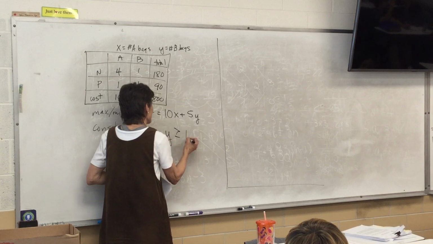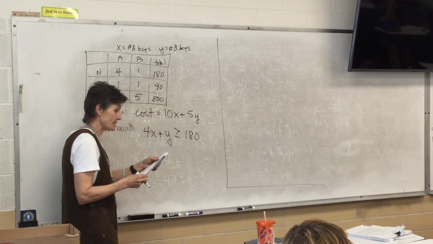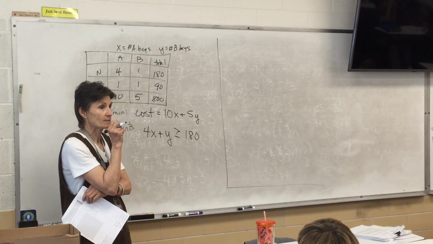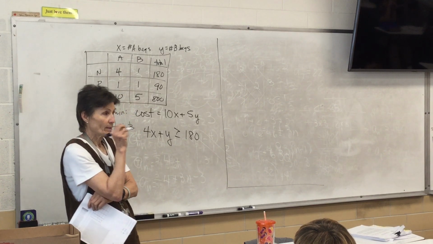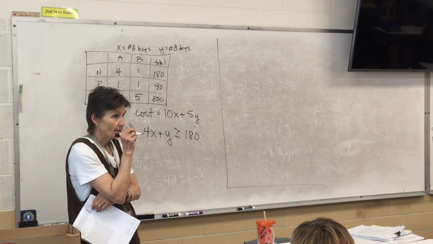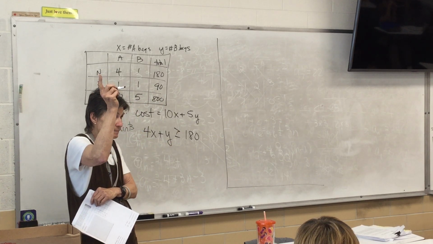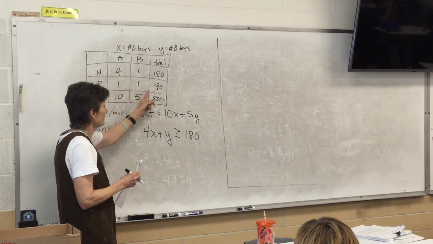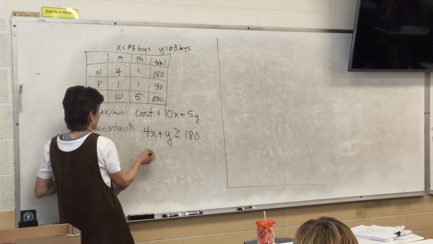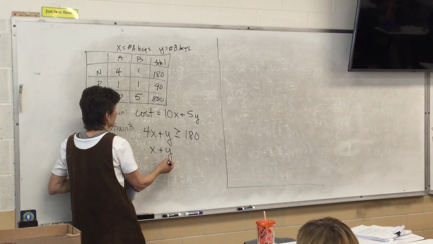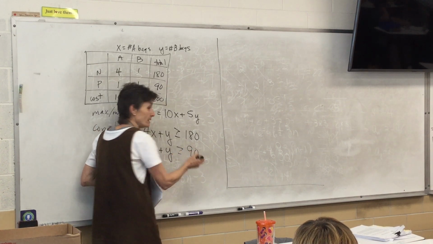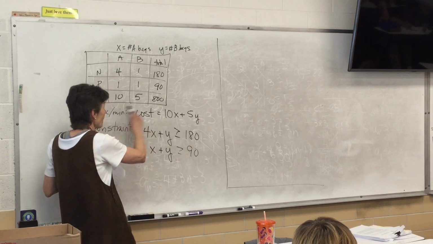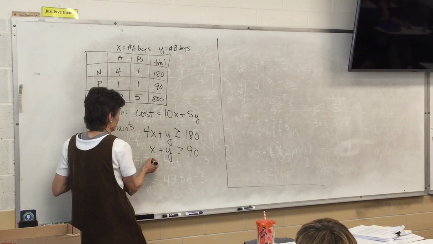More than, greater than, or equal to 180. Don't we need at least 180 units? What does at least mean? That amount or more, right? All right, what is this constraint right here? What does this one say? X plus y is greater than or equal to 90? And then what about this bottom row? What does it say?